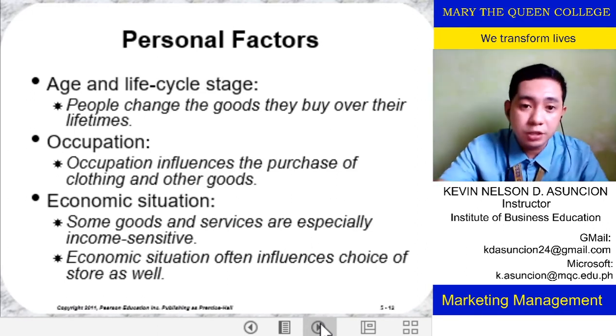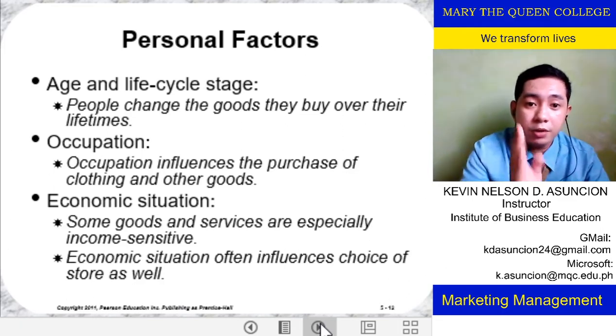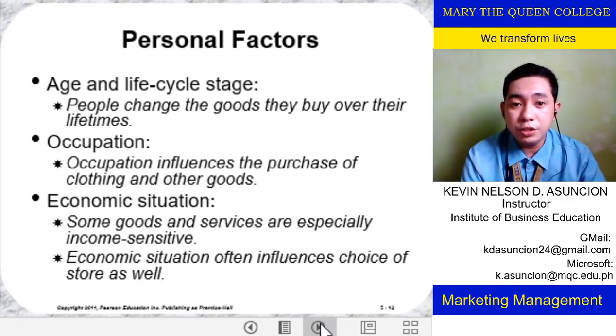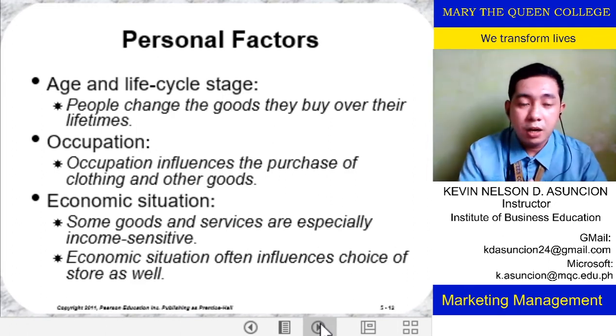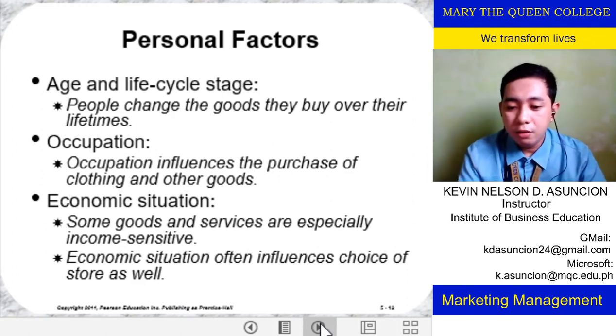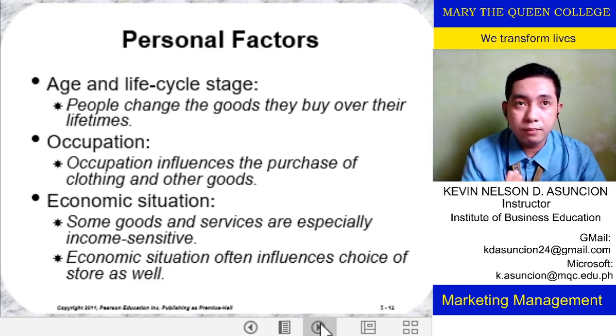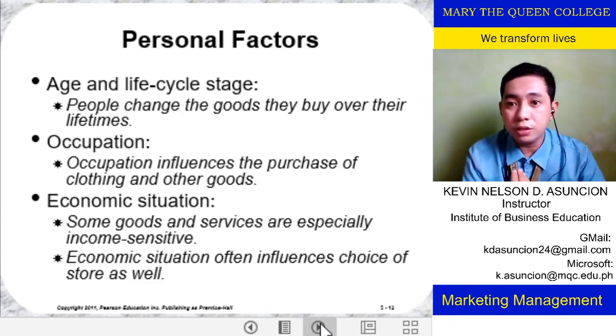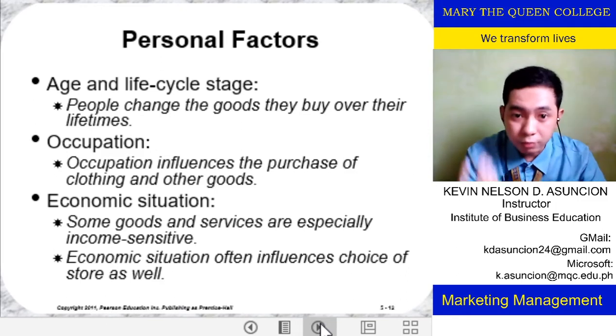By the way, we'll be discussing more about that in the other motivational factors, no? Economic situation often influences your choice of store as well, no? Where do you go, how much do you spend, no? Of course, yung mga lower income families, they won't choose to go to Starbucks. Syempre bibili na lang sila ng 3-in-1, or baka magtubig na lang, di ba?